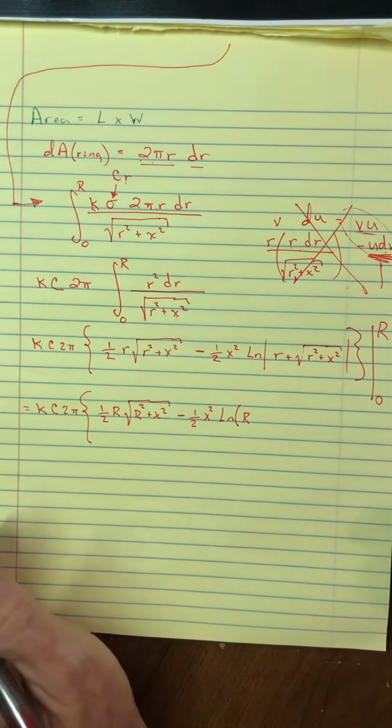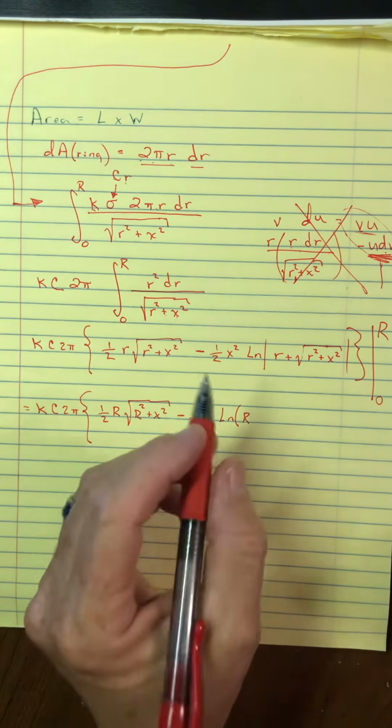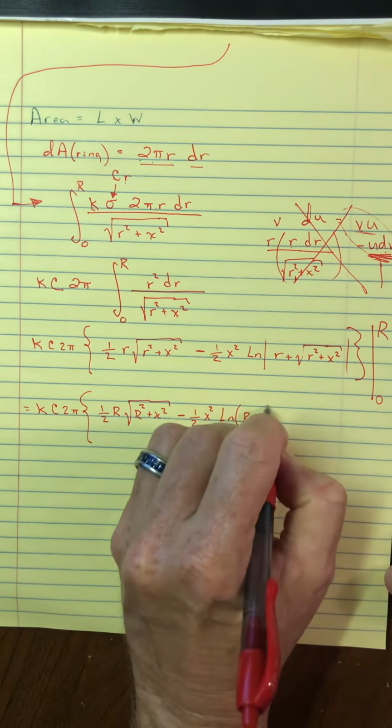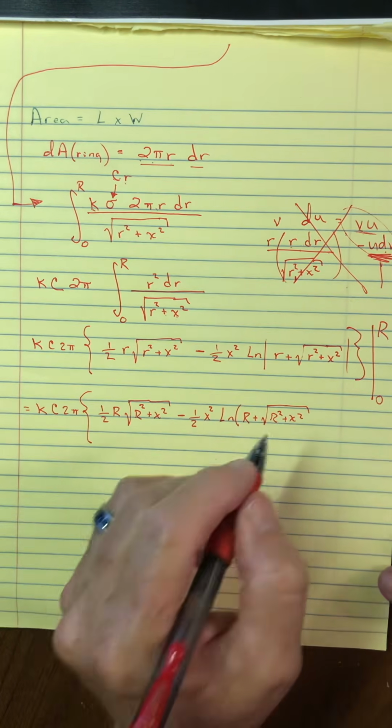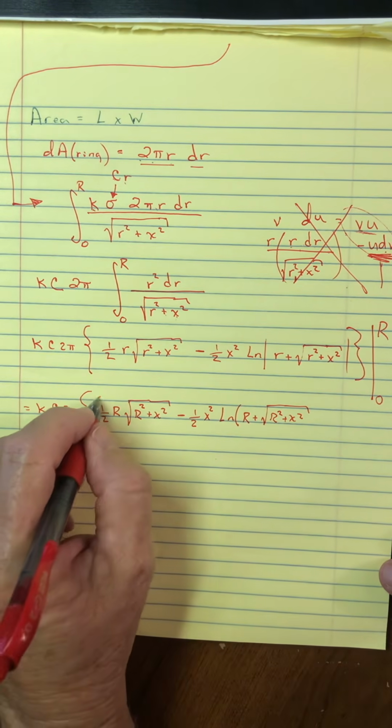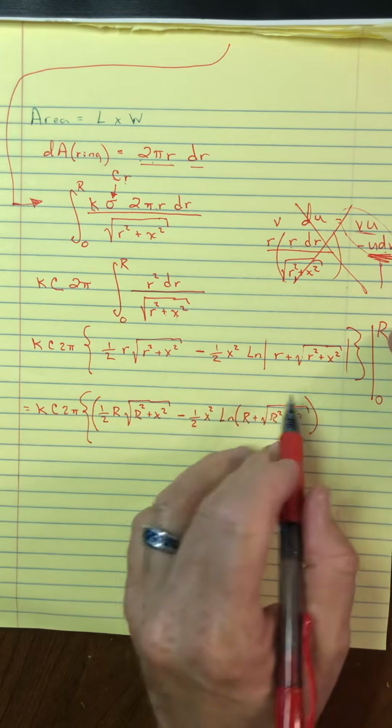They wouldn't be negative. So this would be an R plus the square root of R squared plus x squared. And that would be putting in the R.